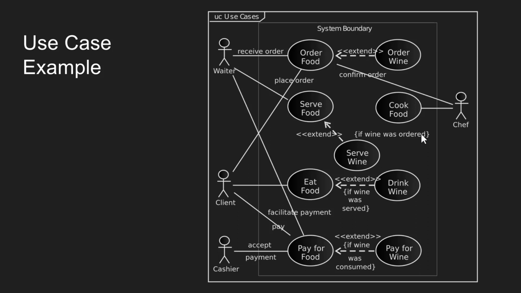For example, at the top you have a waiter who receives an order for food and then serves the food and then facilitates the payment at the end of that transaction. Below that you have the client, which is the person eating at the restaurant, and the client first orders the food, then eats the food, and then pays for the food. This is an abstract example of a use case where it shows very broadly how all different users, all of the most common users at least, would interact with the service.